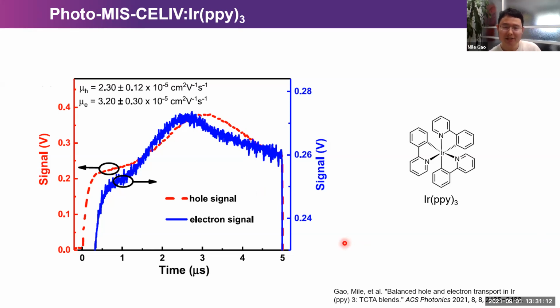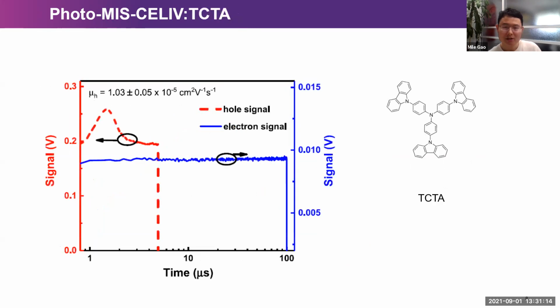And more importantly, we have another piece of evidence, where we undertook the Photo-MIS-CELIV measurements on neat films of TCTA, which is known as a hole transporting material and can be used as an electron blocking material for OLEDs. It has very low electron mobility, but very good hole mobility. And as expected, we have a clear transient for the extraction of holes, but there was no signal for the extraction of electrons.